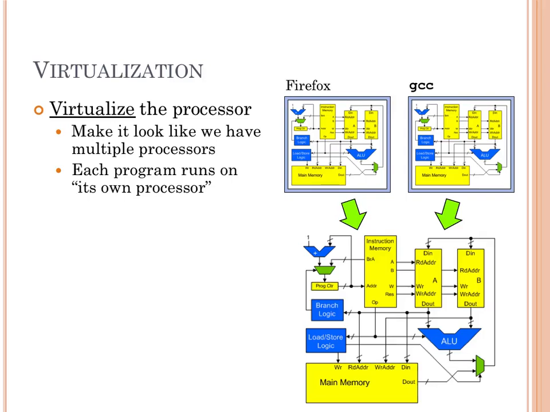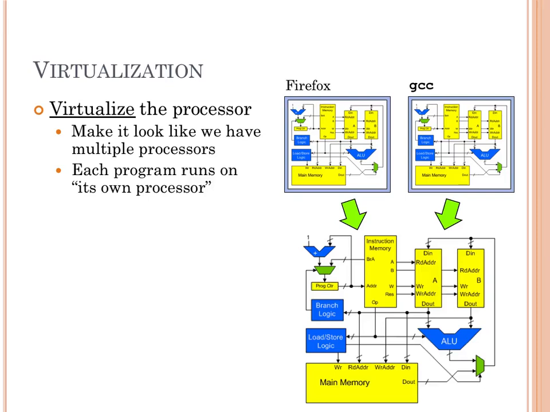Honestly, this is probably one of the most central concepts in operating system implementation. How do I create an isolation between different running programs? That's one of the number one things that an operating system has to provide. That is one of the central themes you see across all operating systems. So we virtualize the processor so that it looks like we have multiple processors.